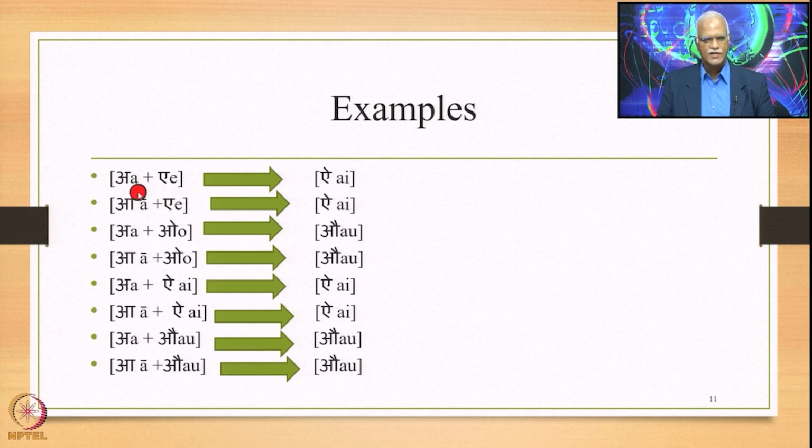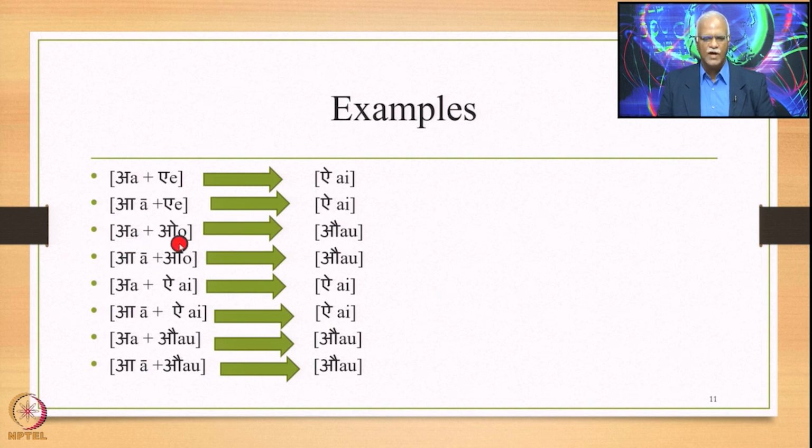So A stands for its homogeneous long variety, namely AA, and so we have examples of these kinds. So you have A plus A, we have already seen A plus A being the input and AI is the output. Similarly, you have AA plus A also as an input where 6188 applies and the output generated is AI in place of both of them.